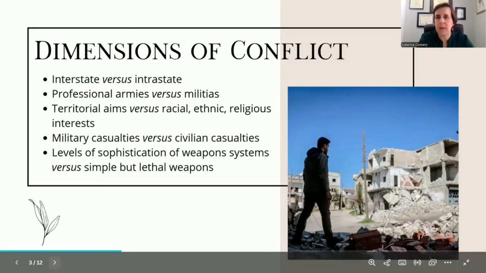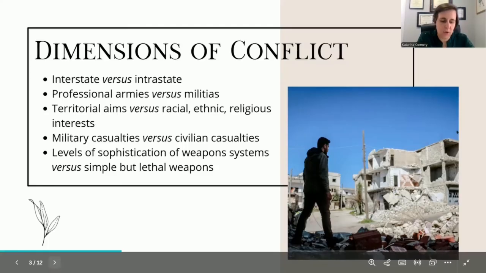So first, a few dimensions of conflict. When you're looking at a particular conflict, you need to be mindful of the possible dimensions of that conflict. Is it an interstate conflict, or is it an intrastate conflict? Of course, interstate means between one or more sovereign nations.